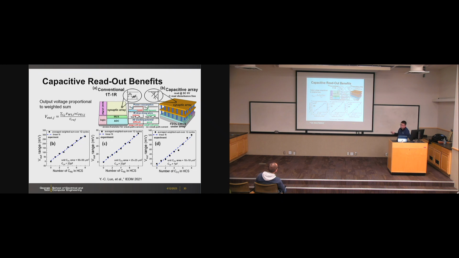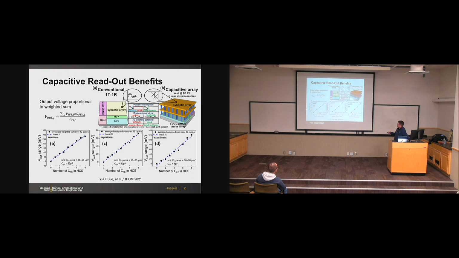So the energy consumption will be much lower compared to the static energy in the resistor case. And also, since you have capacitors, you do not have the sneak path and IR drop issues. And also with the capacitor, you can get rid of the transistor, you can do a pure crossbar array, potentially multi-tier in 3D stacking. So those are all the good attributes, we think, of doing this with a capacitive array.